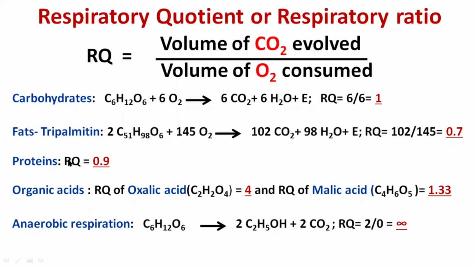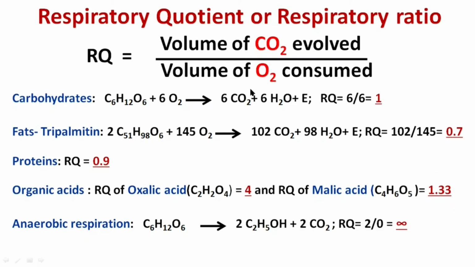In the case of proteins also the same thing happens, where the number of oxygens in the molecule is lesser than the number of carbons. But in organic acids, the number of oxygen atoms is definitely more than the number of carbon atoms. As the number of oxygens is more in these molecules, they require only a lesser number of oxygen from outside for oxidation. As the numerator is more than the denominator, the RQ of organic acids is always more than 1.